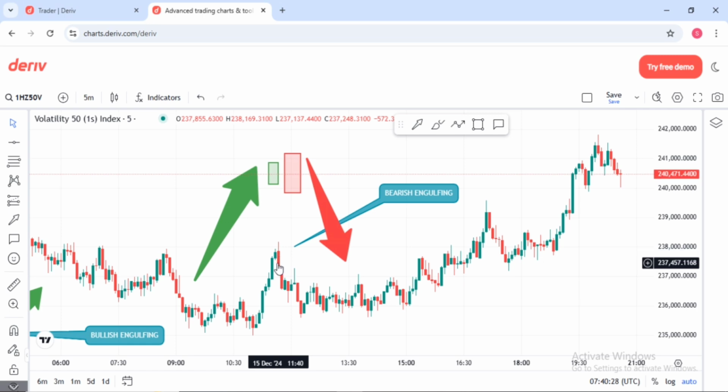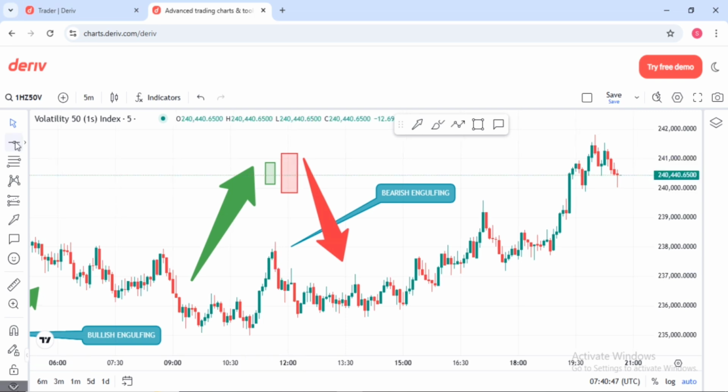So the logic is, if this candlestick has closed here and this one is starting here and this is bearish engulfing, it means that this candlestick that is being formed here will close below your entry point. So let's say you enter this trend at this point.